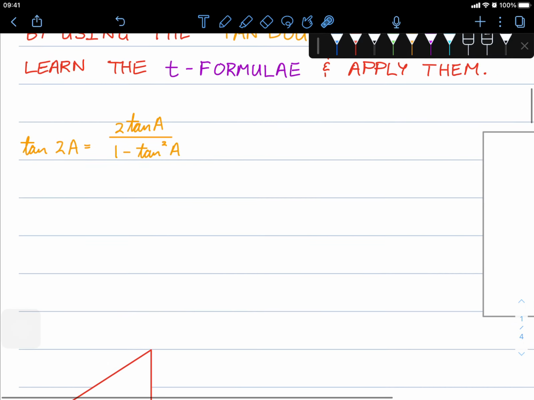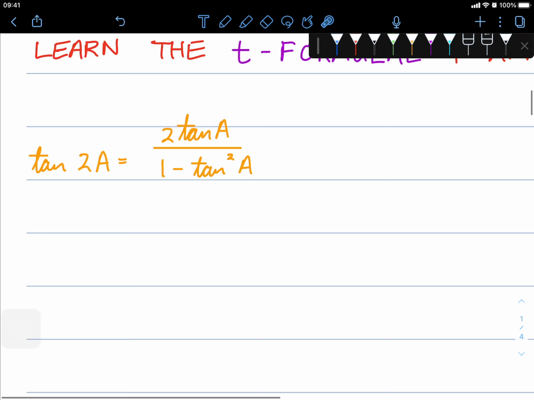So here we go. We start with the double angle identity of tan. First, we need to get it to become tan of theta. Well, if we let a equal theta on 2, what will happen there is tan 2 times theta on 2.